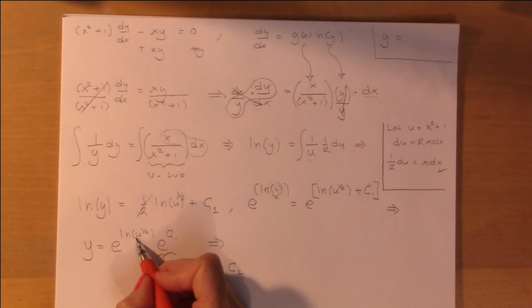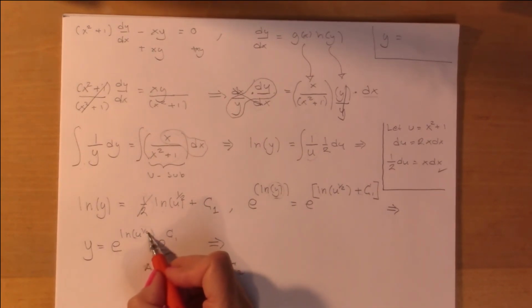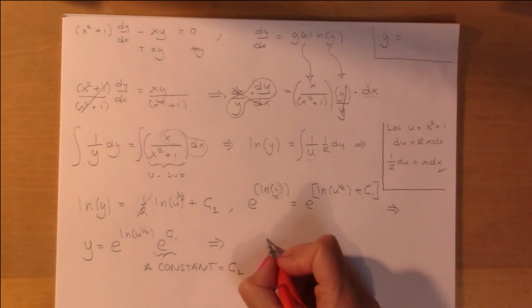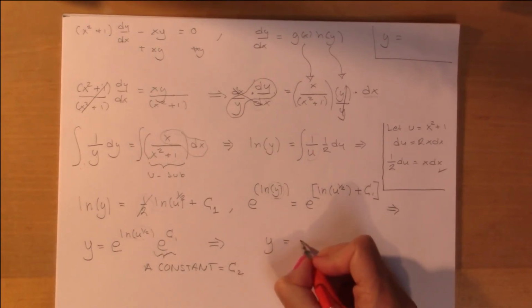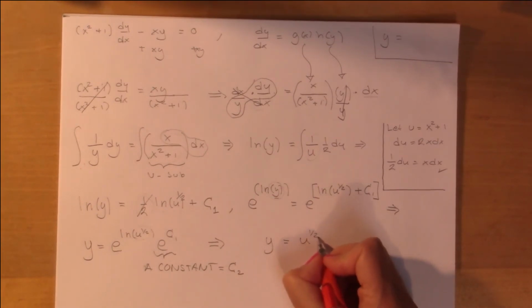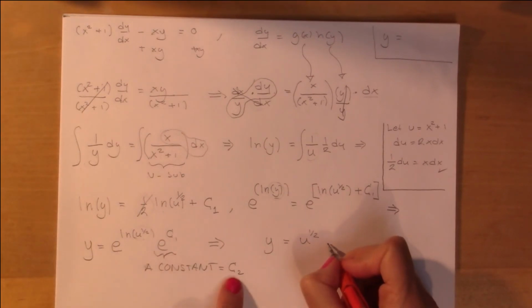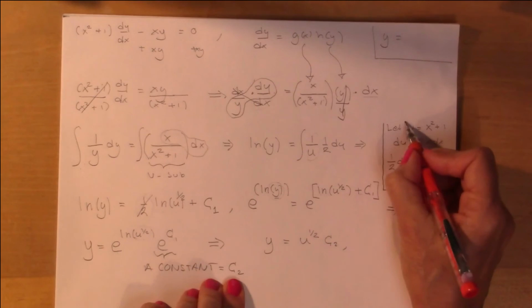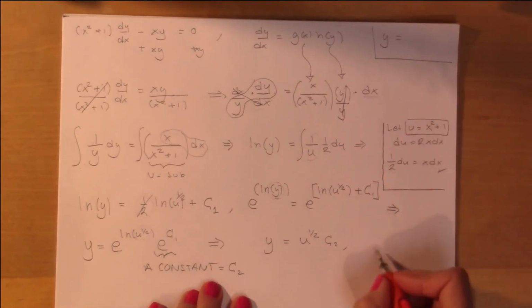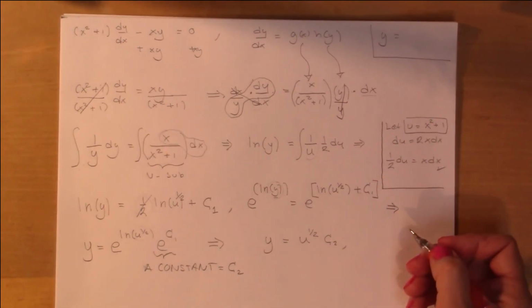And what comes out here, we have the same properties as we did here. The u to the power of 1/2 comes out. So now we have y equals u to the power of 1/2 times C2. And remember, this is u. So what do we have in the end?